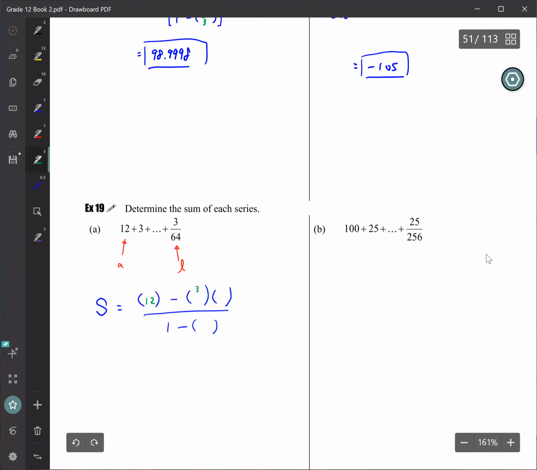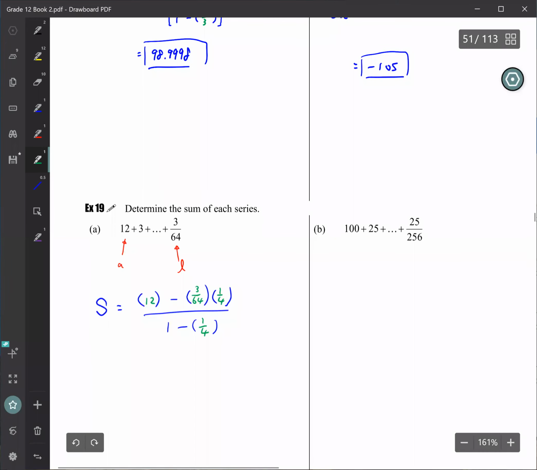L is 3 over 64. Ratio, okay, what's the ratio for this one? Eric? 1/4. 1 over 4, very good. It gets smaller each time, multiply by 1/4. So over 1 minus 1 over 4.